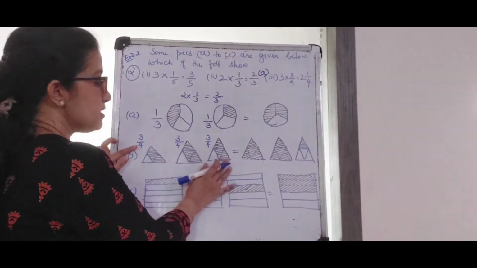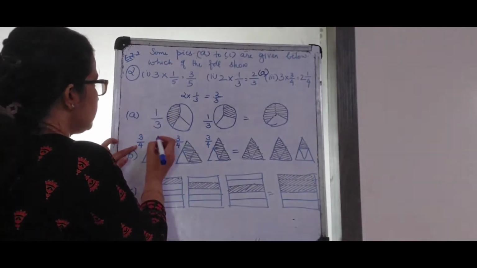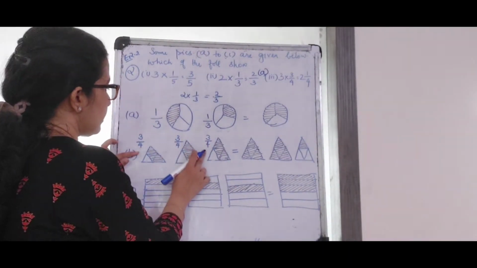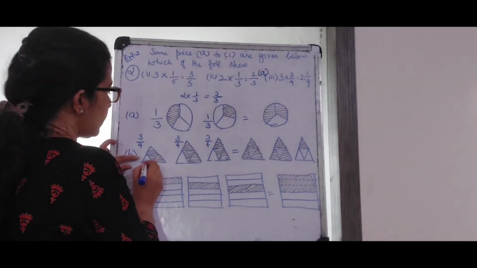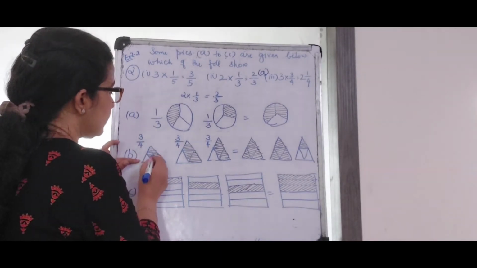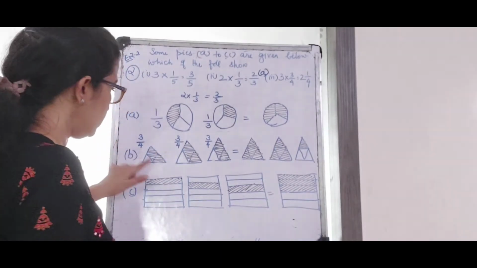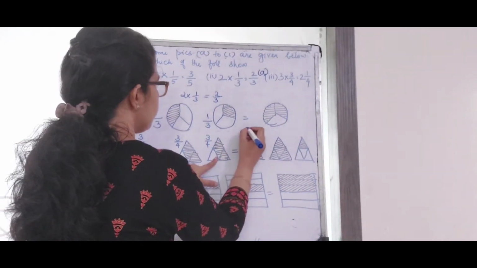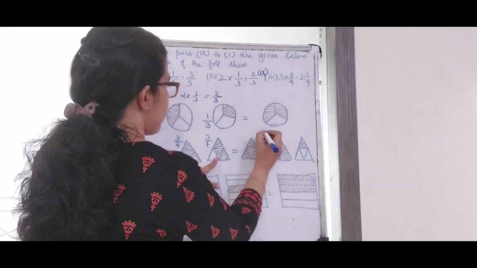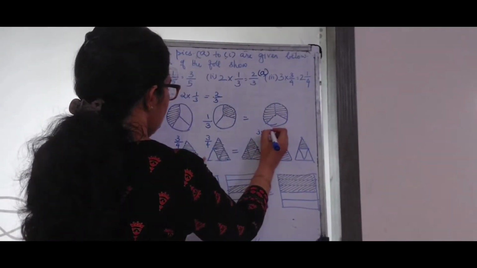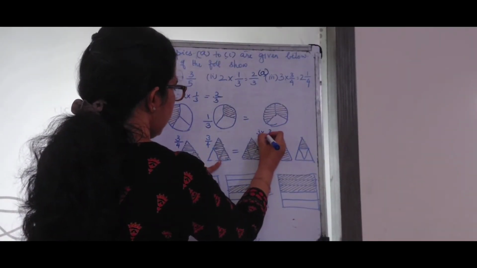So how can you write this side of the equation? There are 3 triangles, each triangle has been divided into 4 parts and out of that 3 has been shaded. Correct? So this side can be written as 3 into 3 by 4.